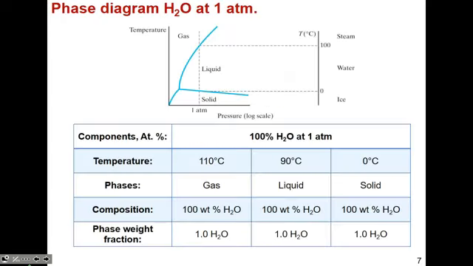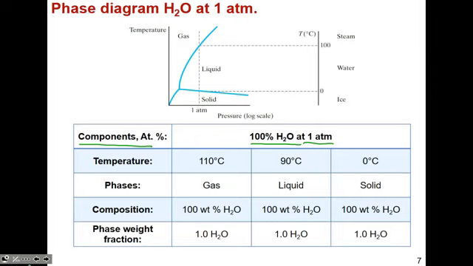I threw this in there just to remind you of what you're already familiar and comfortable with, which is water. So if you track your component at a particular atomic percent, if you draw this table and go systematically through it, you will not miss a phase. Obviously, if you have 100% H2O, for your temperature-pressure plot at 1 atmosphere, all this information has to be given so that you know you're working under the same conditions as somebody else.